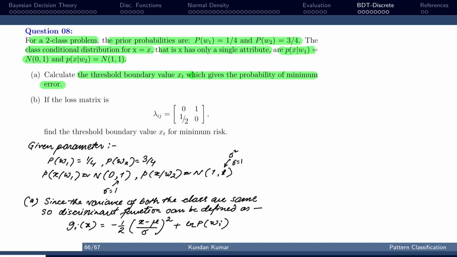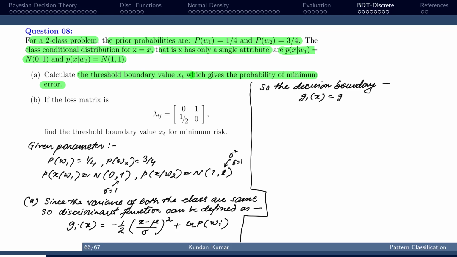So our decision boundary will be g1(x) equal to g2(x), or we can write g1(x) minus g2(x) equal to 0, the same thing.